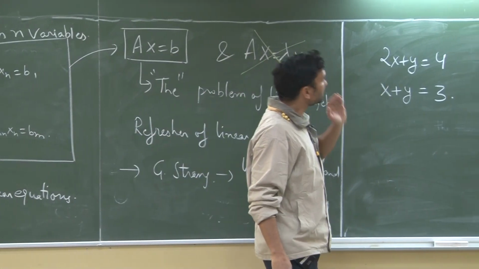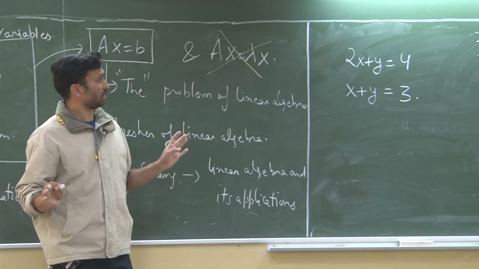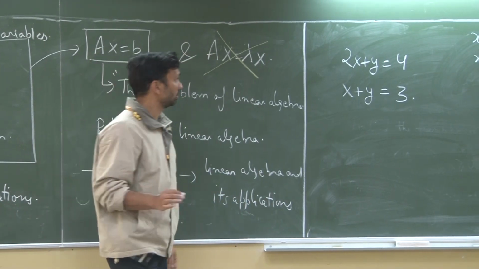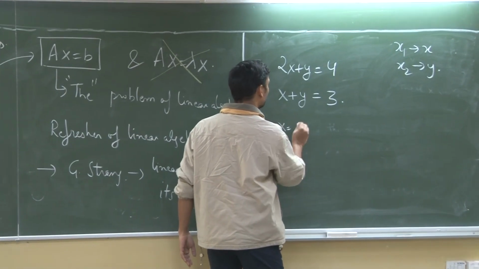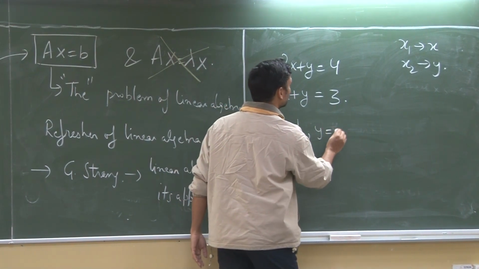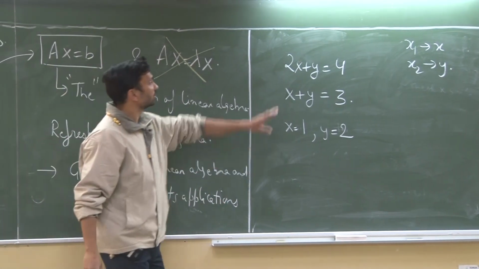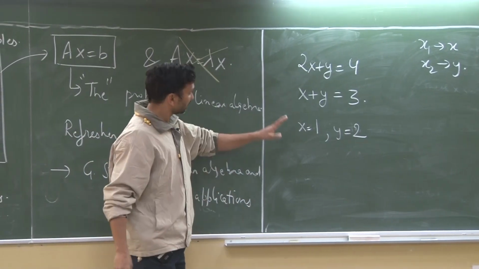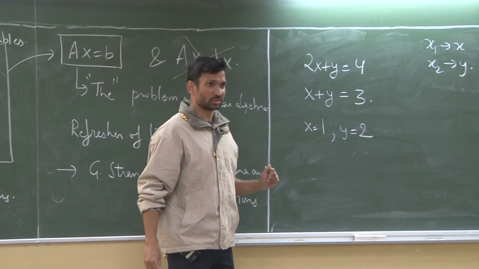If I give you this set of linear equations, you will immediately realize, oh, this is very, very simple, right? The solution is x equal to 1 and y equal to 2. So by doing some manipulation, I'm sure almost all of you can solve this set of equations.